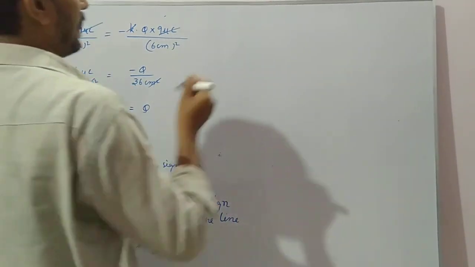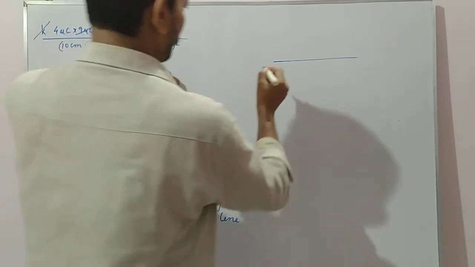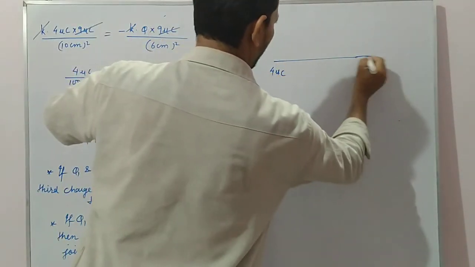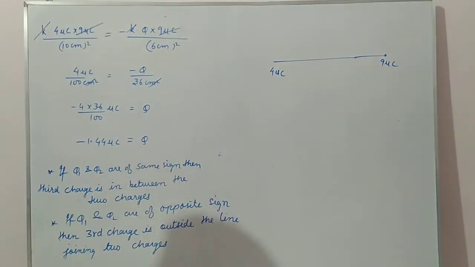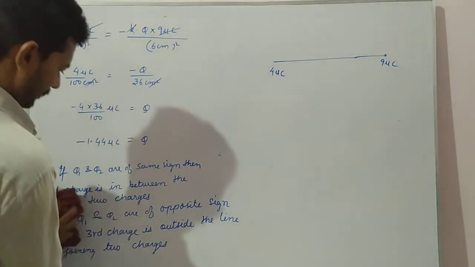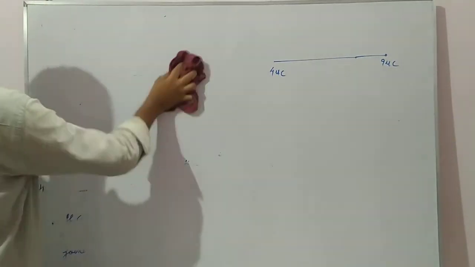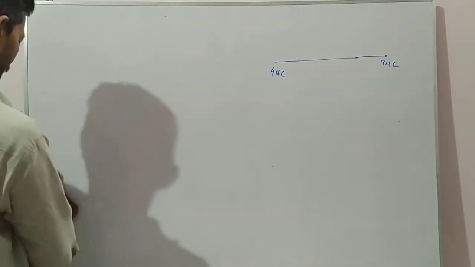Suppose in this sum, as we have done, this was 4 microcoulomb. Here it is 9 microcoulomb. Both are of the same charge, the same nature.